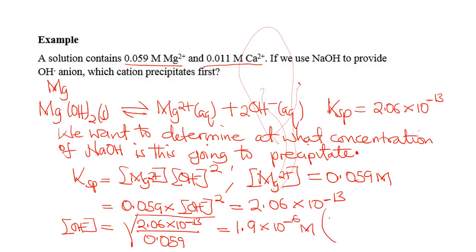So we say that precipitation occurs when the concentration of sodium hydroxide is 1.9 times 10 to the power negative 6 molar.